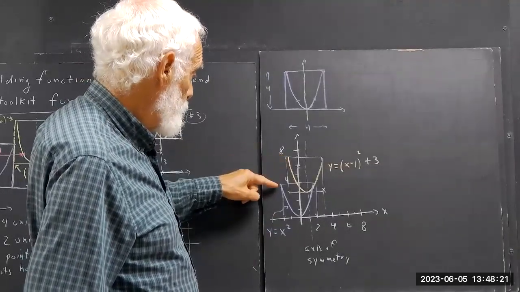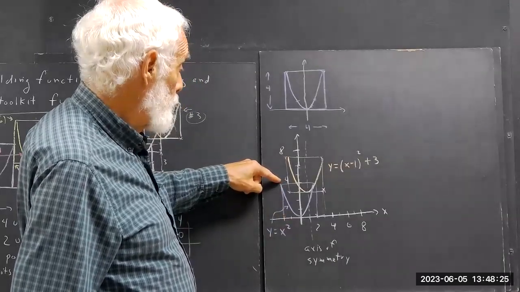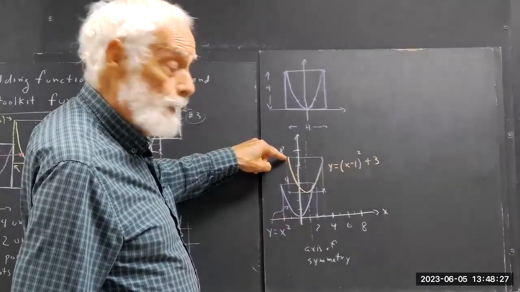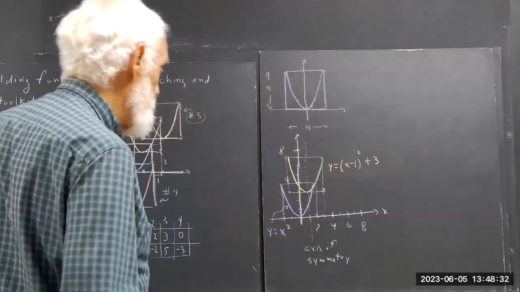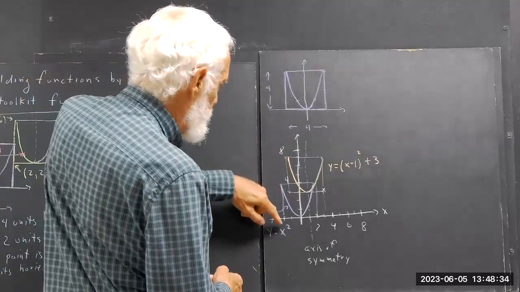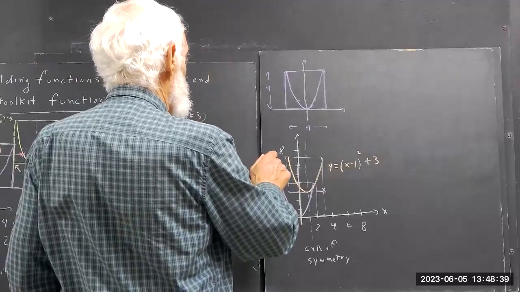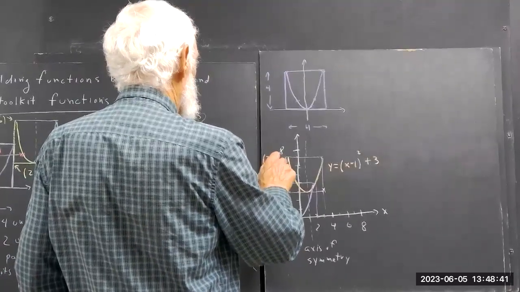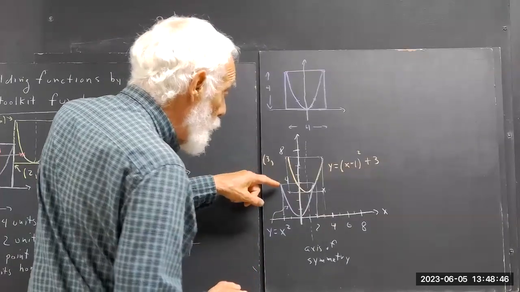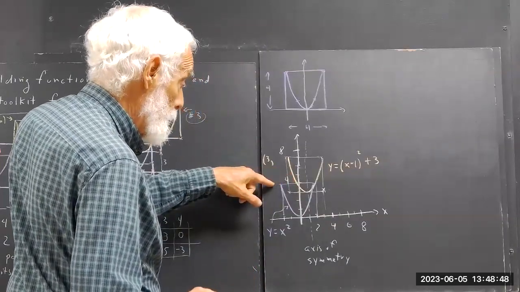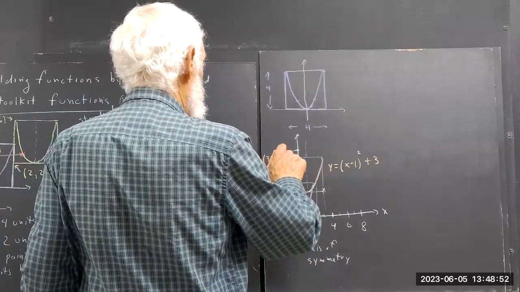This upper left-hand corner came from moving this point, which is 2, 4, over 1 unit and up 3 units. So what are the coordinates of this point? Well, we start at x equals 2 and move over 1 unit, so we have x equals 3. So I know the coordinates of this point are 3 and something else. Now I'm at y coordinate 4 here, and if I go up 3 units, that's going to put me at y coordinate 7.